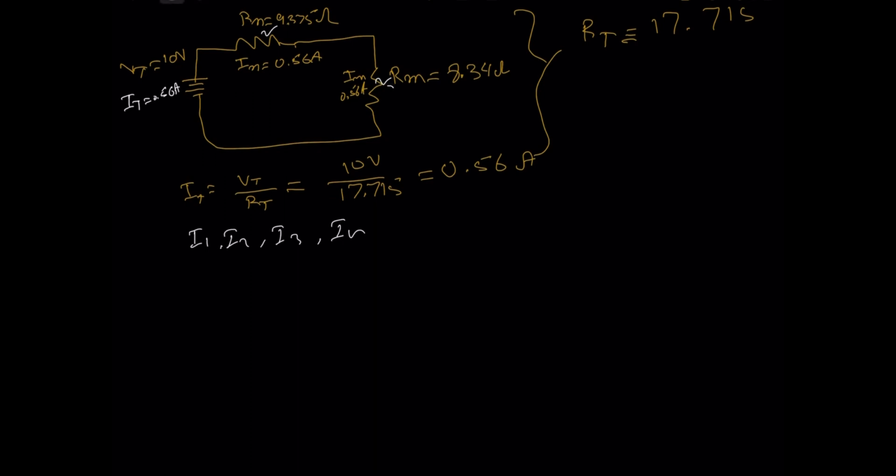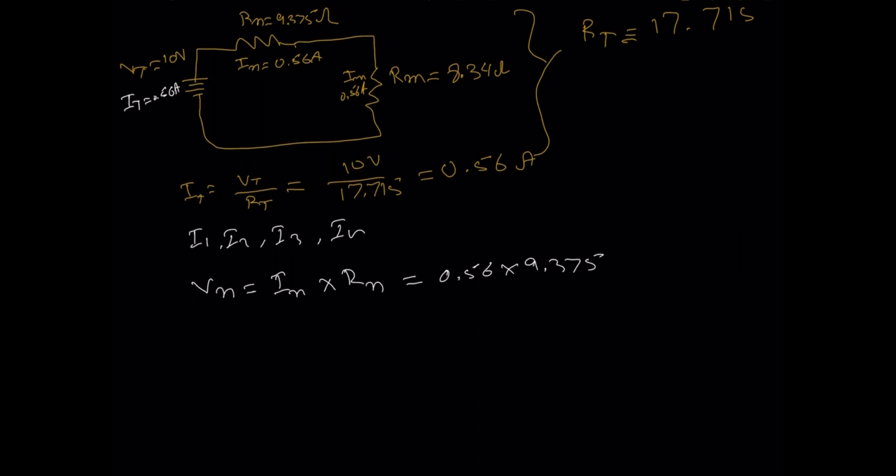Okay, so let's clear out some of the mess I made. Now our goal is to find Vn and Vm. So voltage at point N is equal to IN times RN. IN is 0.56 and RN is 9.375, so it will be 0.56 times 9.375.